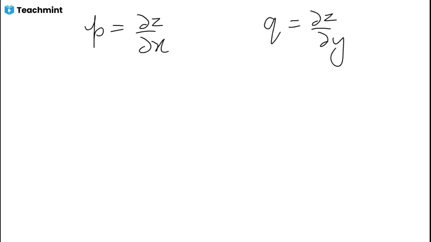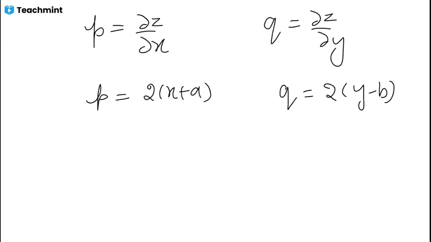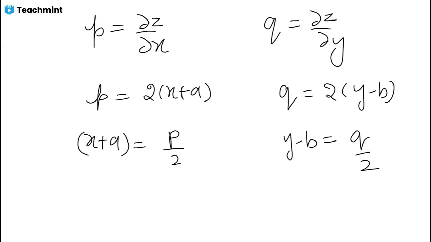So p is equal to 2 times x plus a, and q is equal to 2 times y minus b. From here x plus a is equal to p by 2 and y minus b is equal to q by 2.